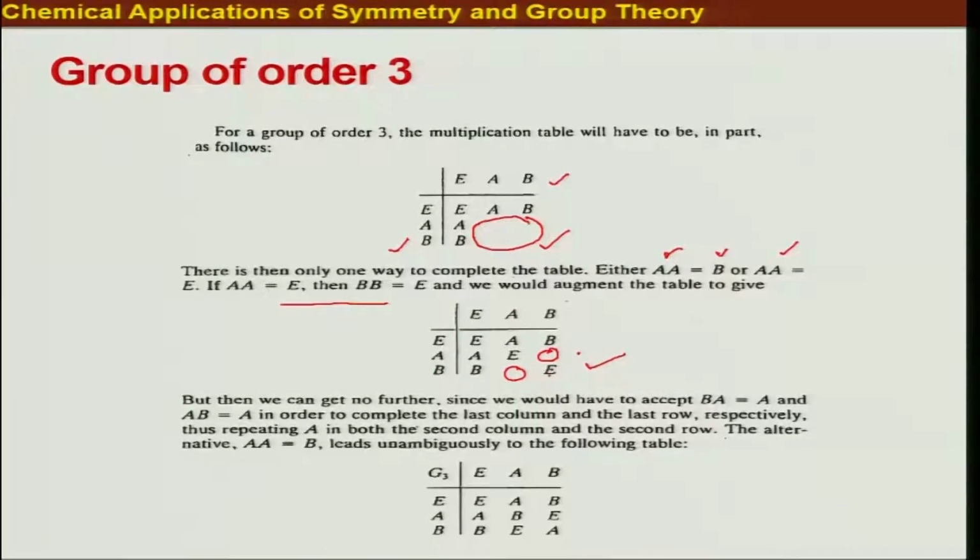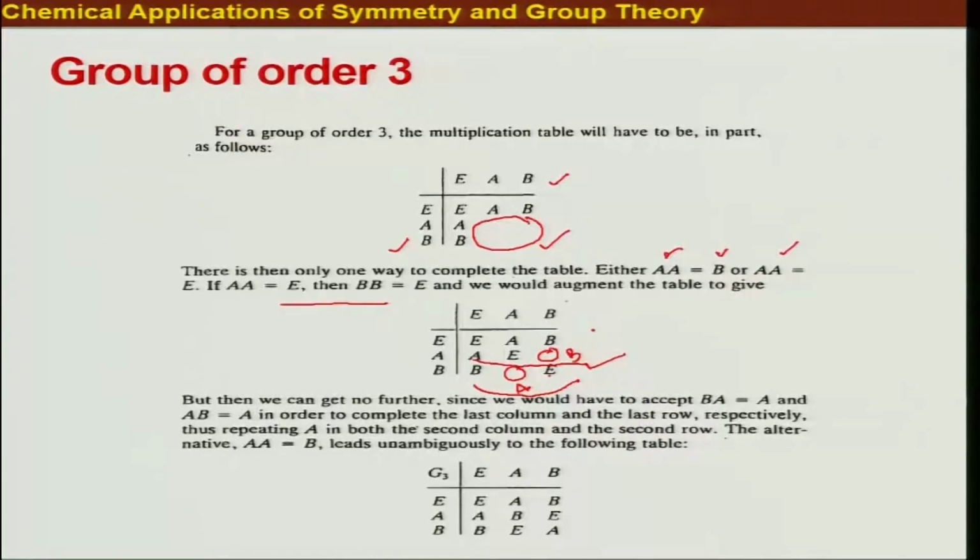You have to have A here and B here in order to satisfy this row condition. Now, that will lead to a problem, because this satisfies the row condition, that is, no two elements of this row are the same.